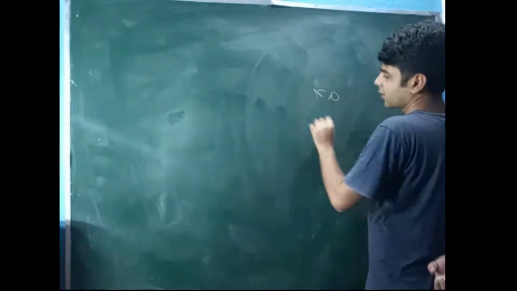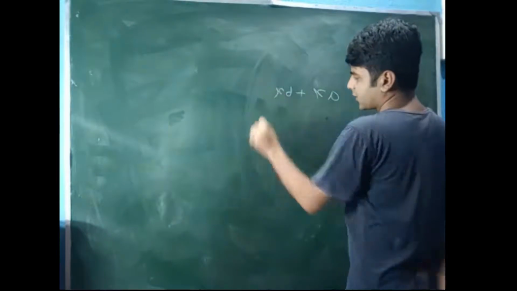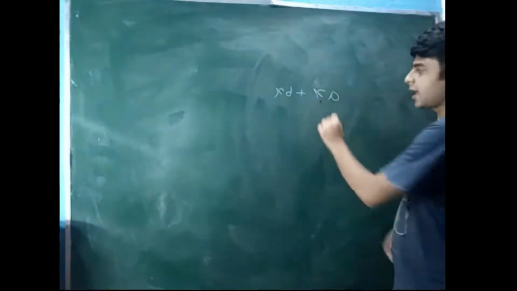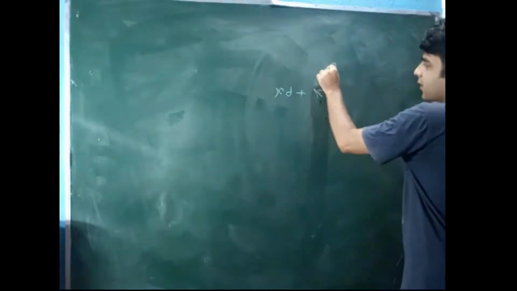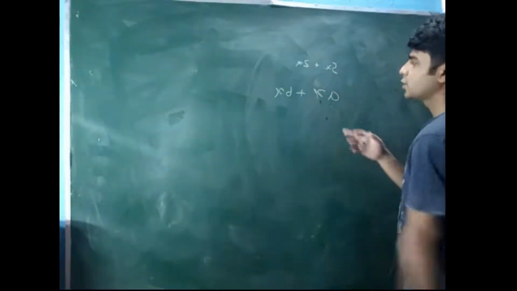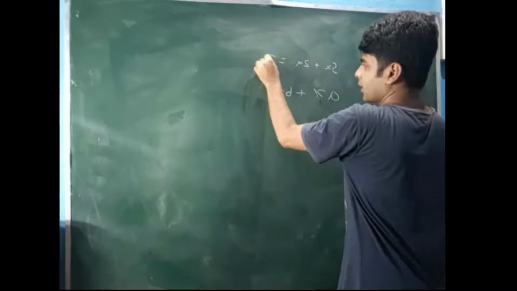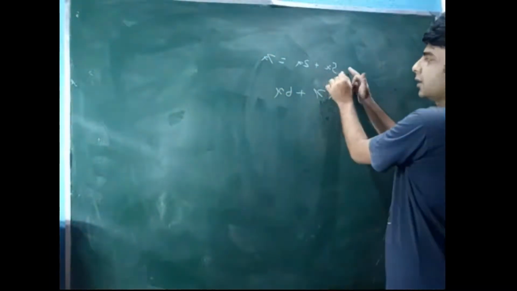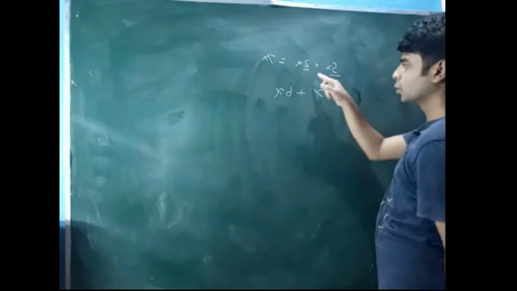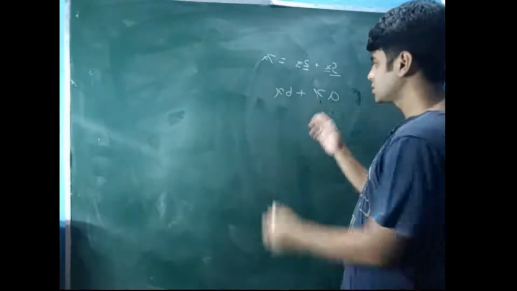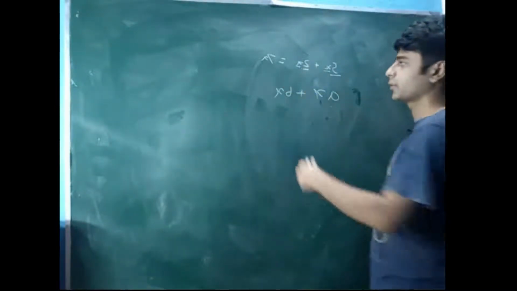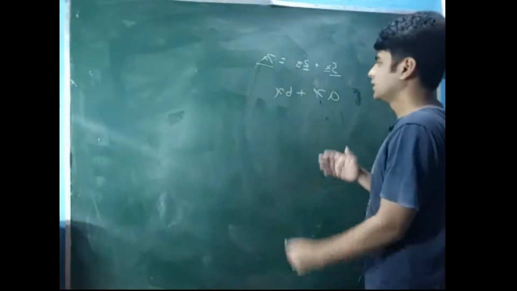The first rule: if we have ax plus bx, where a and b are the constant parts, like 5x plus 2x, it becomes 7x, because the constant parts are 5 and 2, whereas the base is x and x, which is why these are called like terms. So 7x is the answer.